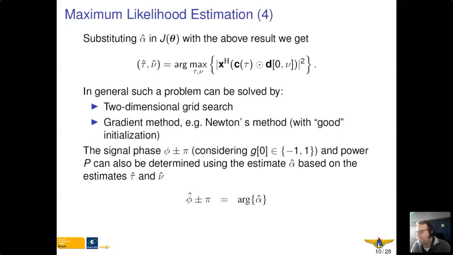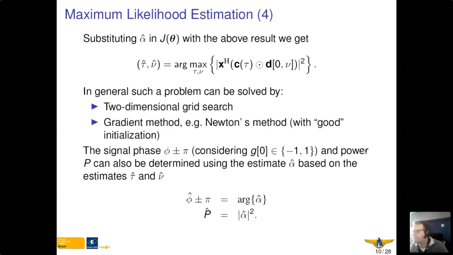The signal phase phi plus minus pi, and power p can also be determined using the estimate alpha hat. So this alpha hat is the estimate of alpha based on the estimates tau hat, the estimate of the delay, and nu hat, the estimate of the Doppler. So the argument of alpha hat then is the estimate of phi plus minus pi, which is coming from the symbols.